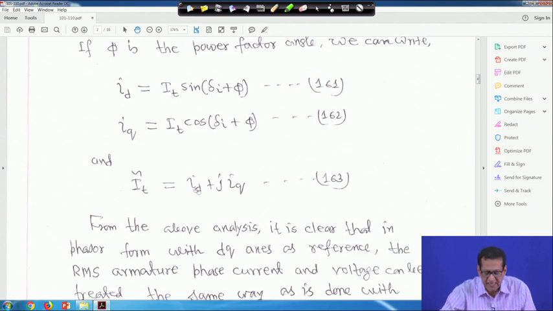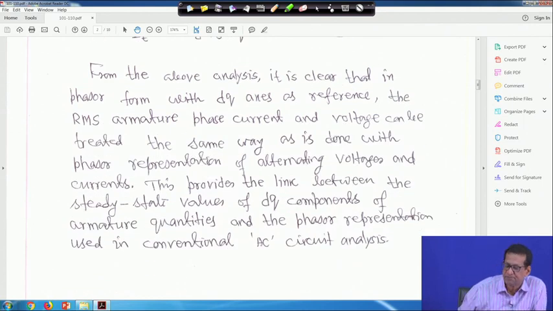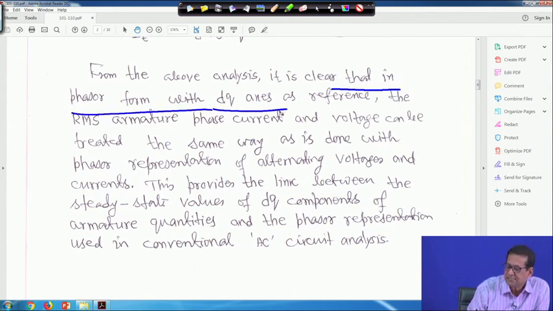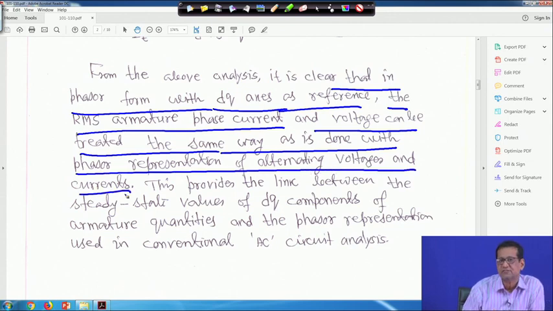Now, IT tilde is ID plus jIQ. This is equation 163, because it is complex now. In this way you can represent IT as the phasor ID plus jIQ. From the above analysis, it is clear that in phasor form, with the DQ axis as reference, the RMS armature phase current and voltage can be treated the same way as the phasor representation of alternating voltage and current in AC.